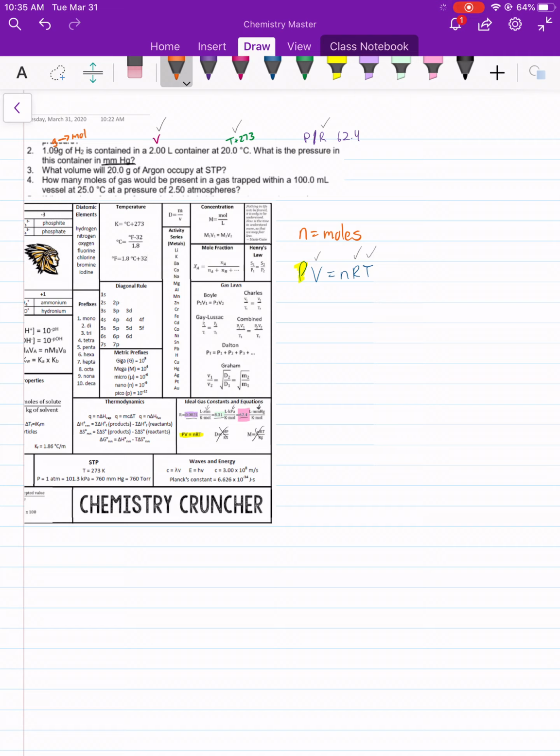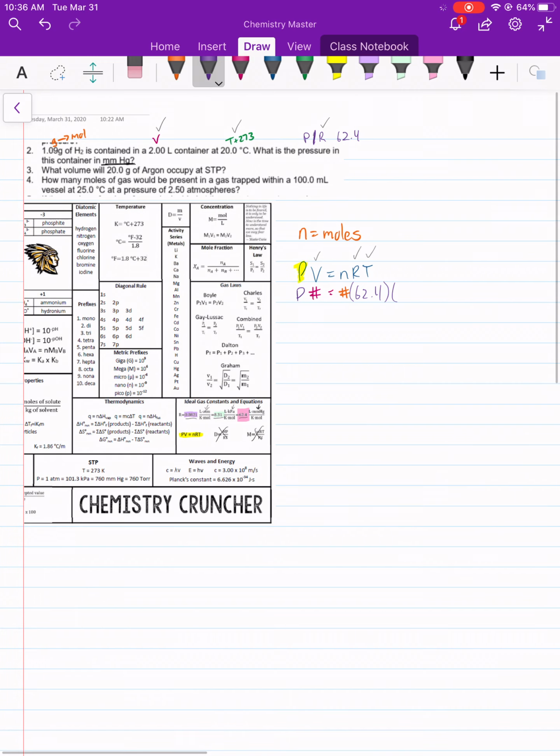If you solve correctly, if you have all of this stuff, you're going to have P, I'm going to try to stay color coordinated. P is equal to some number for V, and it's equal to some number for N, some number for R. Well, actually, we can say what R is. R is 62.4 times T. 20 plus 273, that's 293.